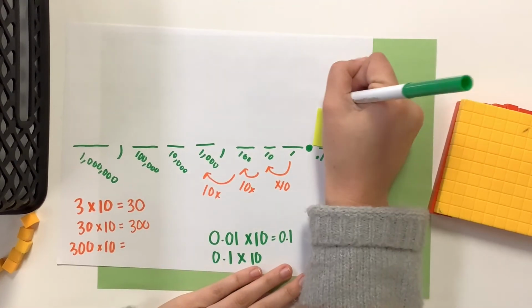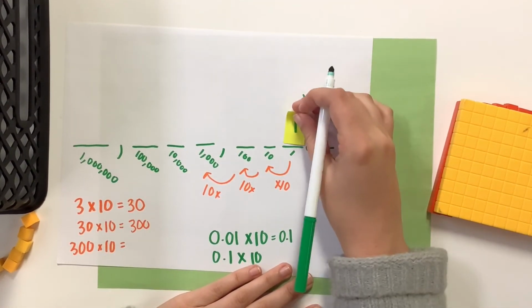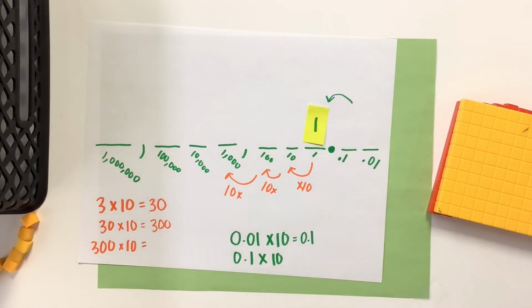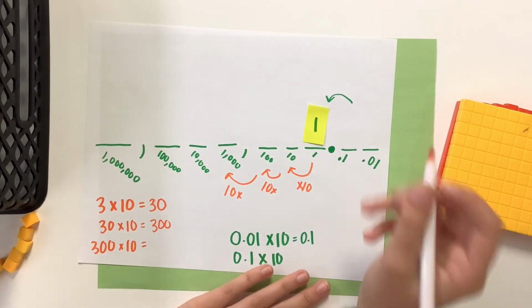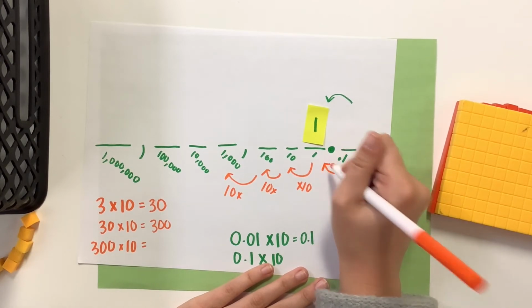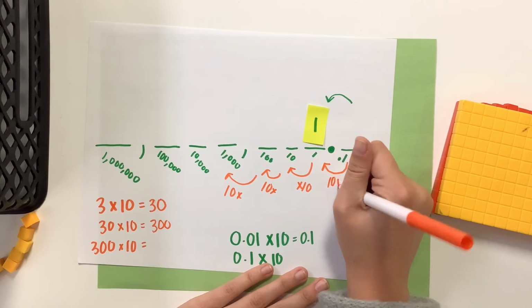Notice it's moving again one place over. Anytime, whether it's decimals or whole numbers, anytime we move a digit to the left, it becomes 10 times greater.